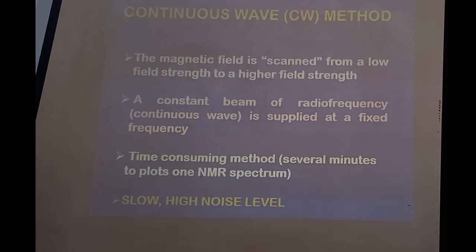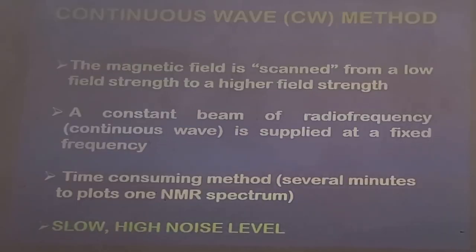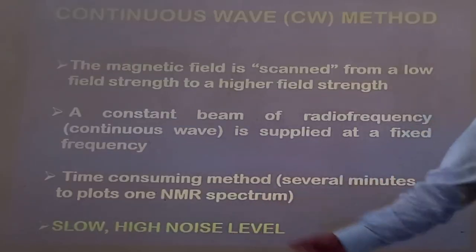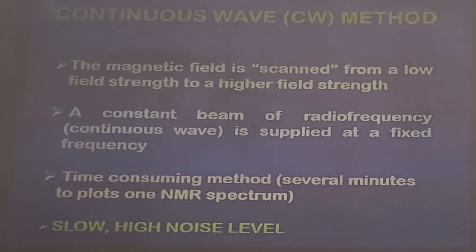You might not have the luxury of spending more time on scanning your molecule again and again. So what happens as a result is that you have a low number of scans. With a low number of scans, you might have a high noise level. So your signal to noise ratio will not be very good.